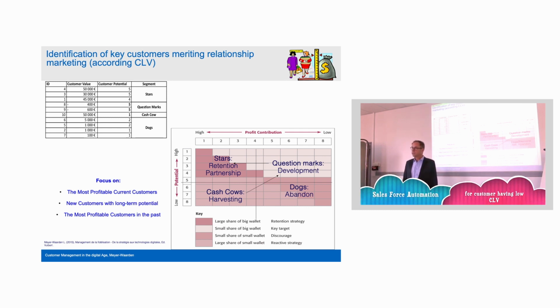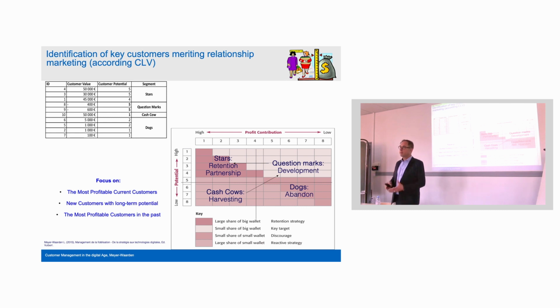Salesforce automation is the process of automating various steps in the relationship and sales process, so that the sales representatives can focus less on the administrative tasks with small or bad customers generating low customer lifetime value.